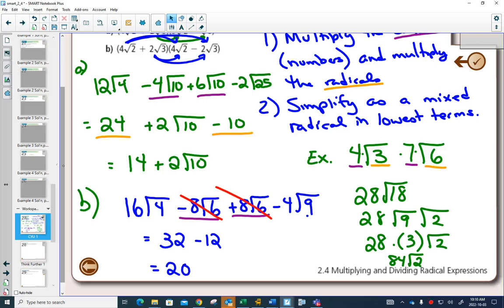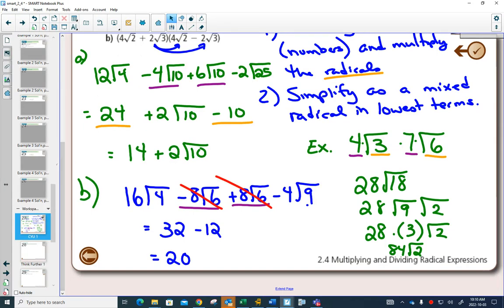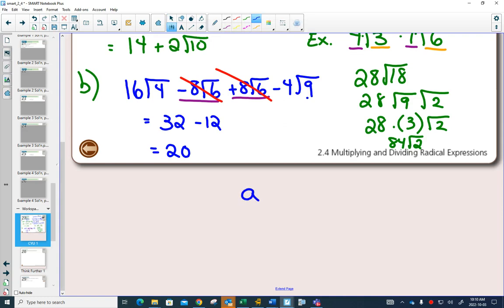Whenever that happens, doesn't matter what you start with, if I have a plus b times a minus b, that's what a difference of squares is. You will always have the middle cancel out, and you will always have the first one squared, which is 16 root 4, minus the second one squared, which would have been 4 root 9. And then you can do it that much faster.